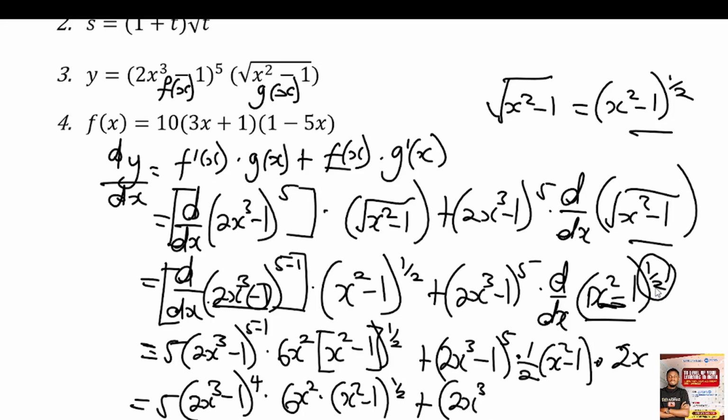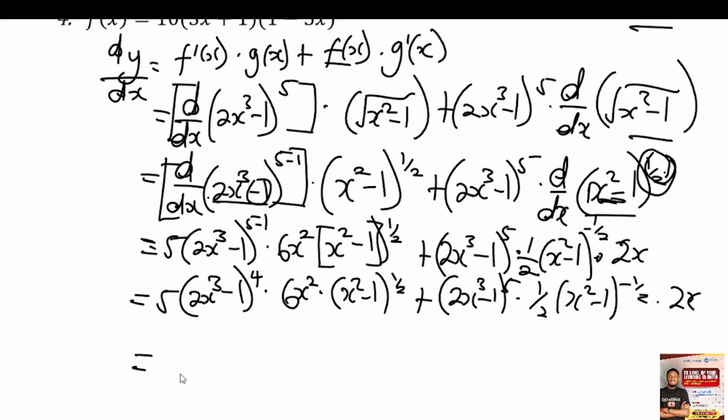Sorry, when we differentiate this one, we didn't subtract. So when we subtract 1 from here, we are going to have negative 1 on 2. So we are going to have (2x³ minus 1) exponent 5 times 1 on 2 (x² minus 1) exponent negative 1 on 2 times 2x.